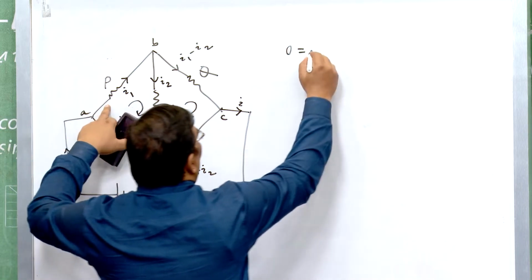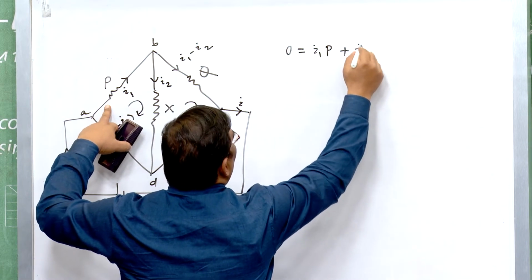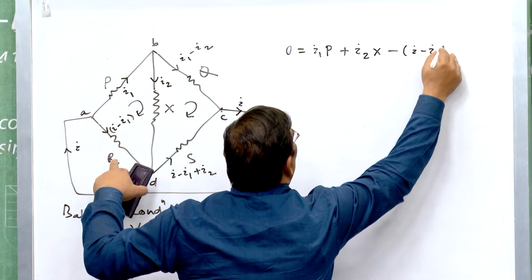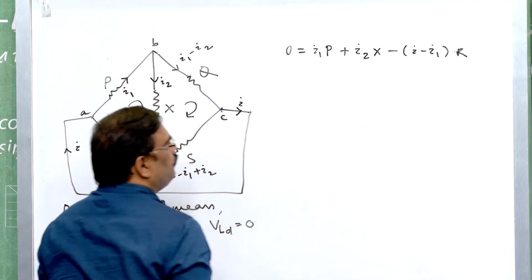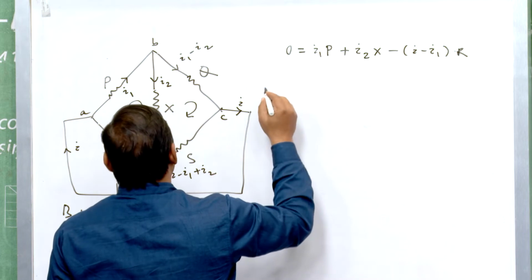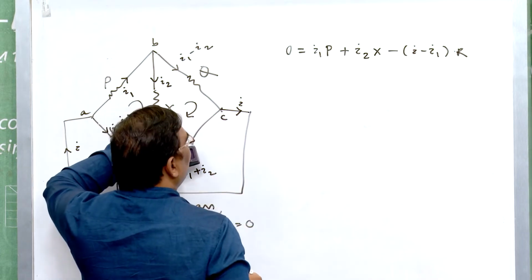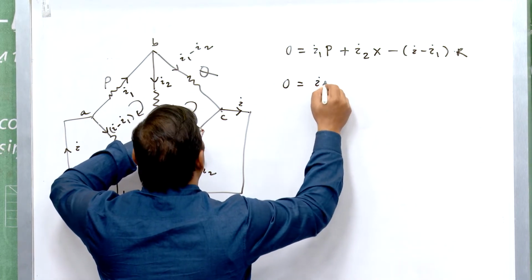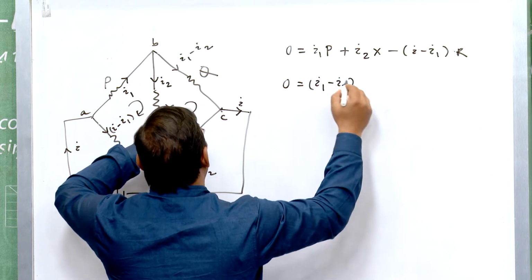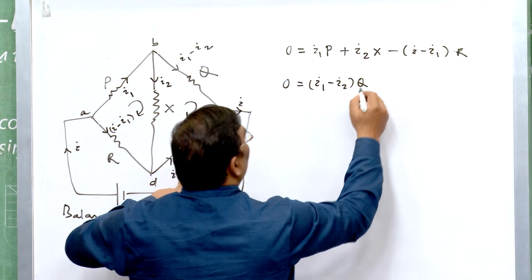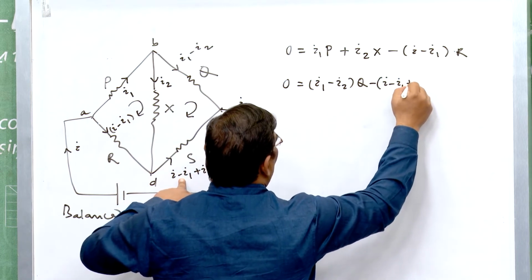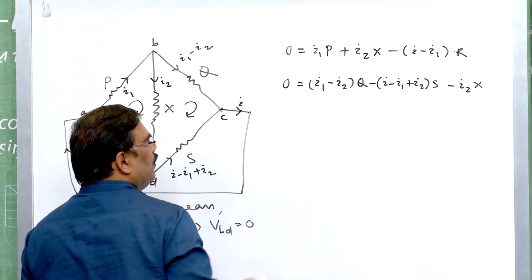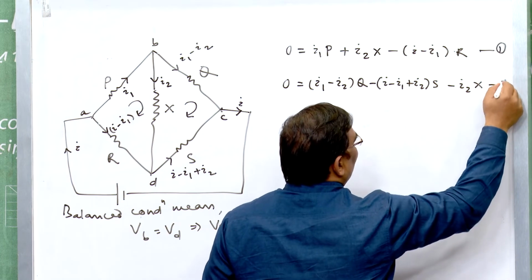So, 0 equals I1P plus I2X minus (I minus I1) into R. And similarly, in the second mesh, what I get? 0 equal to (I1 minus I2) Q minus (I minus I1 plus I2) S minus I2X. This is my equation number 1 and this is my equation number 2.